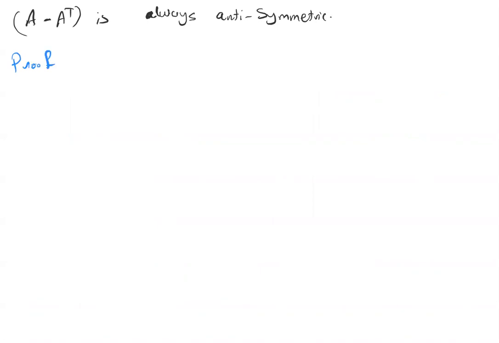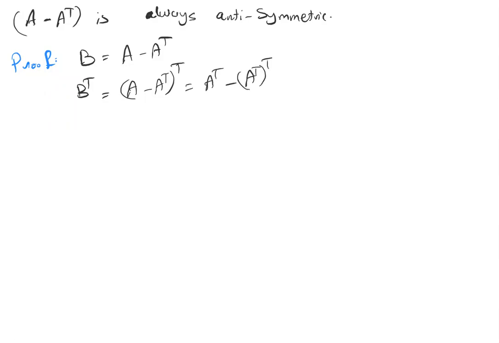Also, what we can show is A minus A transpose is always anti-symmetric. Let's try to show this. I'm going to define matrix B to be A minus A transpose. So B transpose is (A minus A transpose) transpose, which is equal to A transpose minus A transpose transpose.